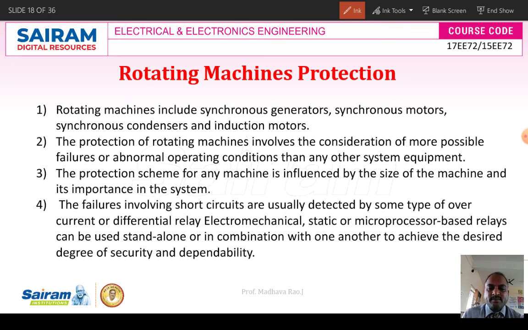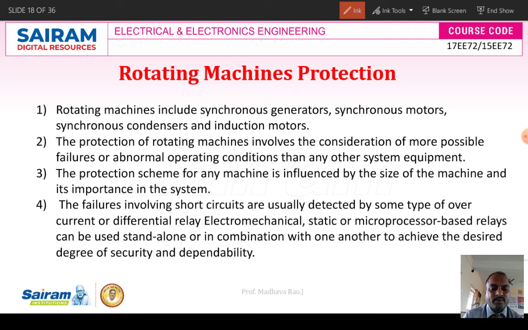The protection scheme for any machine is influenced by the size of the machine. If the size of the machine is larger, we need to give more protection, since the cost and maintenance also increase.